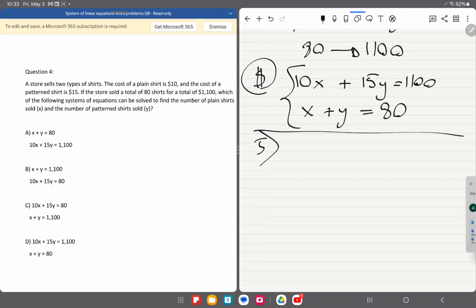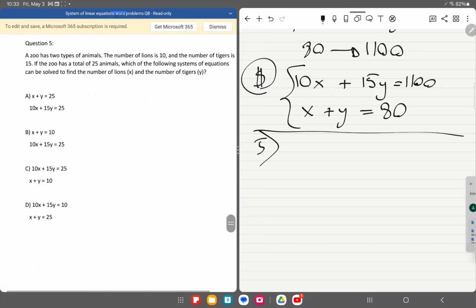Question 5, they're telling us a zoo has 2 types of animals. The number of lions is 10 and the number of tigers is 15. If the zoo has a total of 25 animals, so they only have tigers and lions, which of them can be solved?